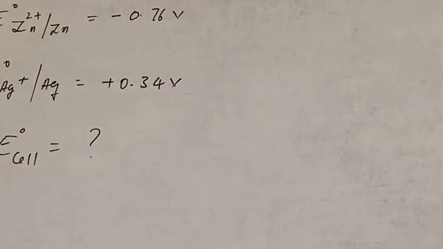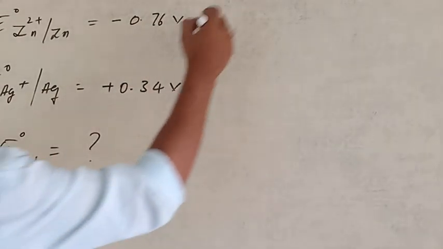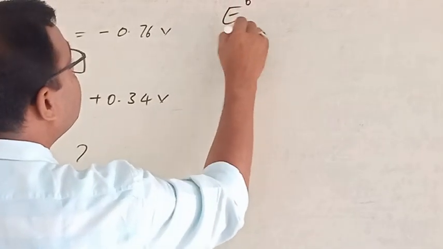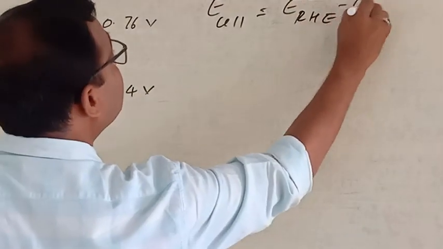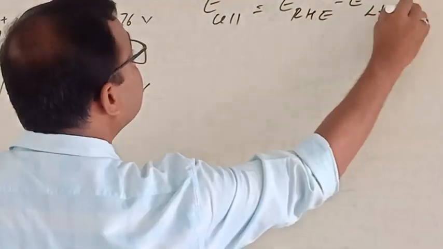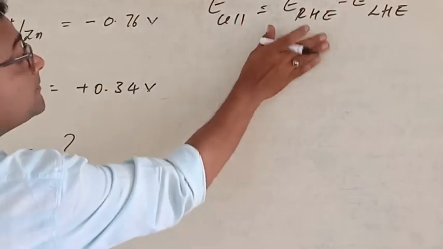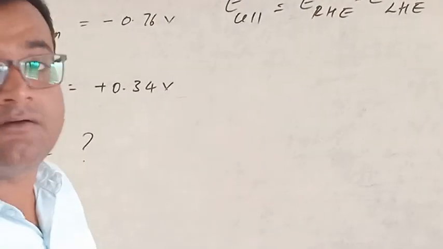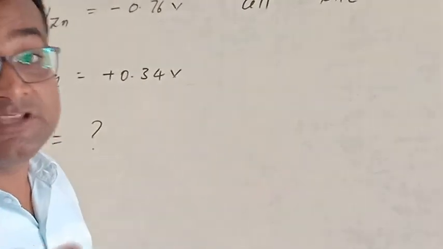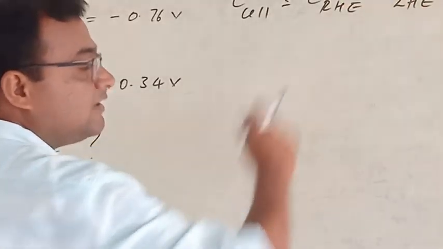Now we need to find out E naught of cell is equal to what? E naught cell is nothing but E naught of RHE minus E naught of LHE. RHE must be the higher value, LHE must be the lower value. By looking at the values, we can decide which one is RHE and which one is LHE, or which one is cathode, which one is anode.